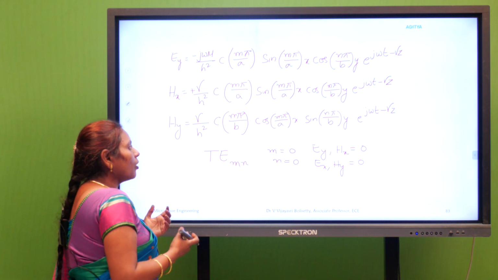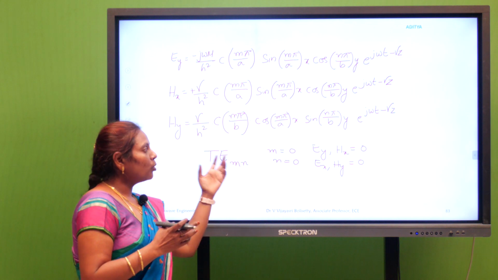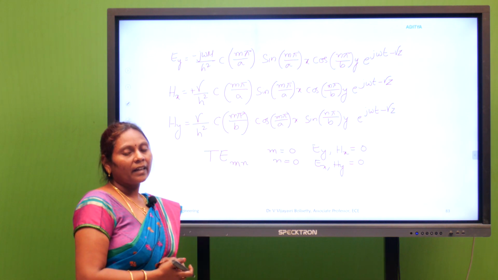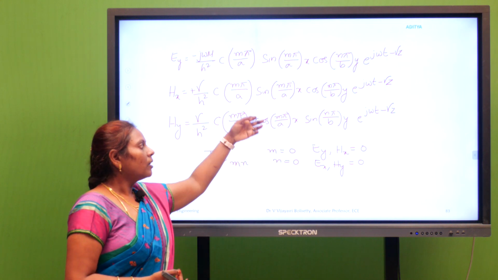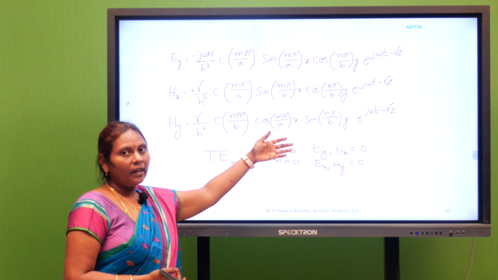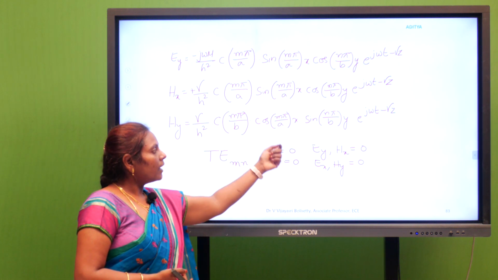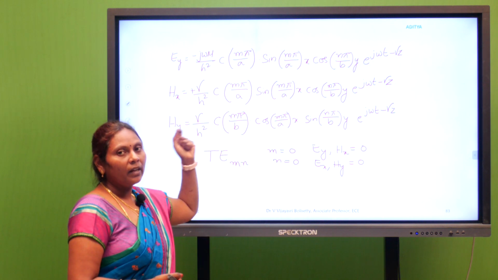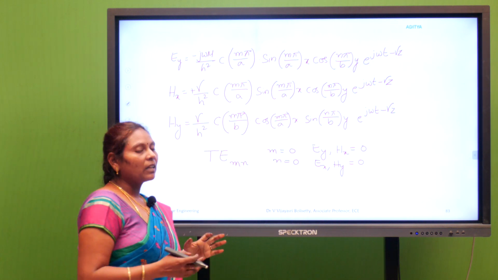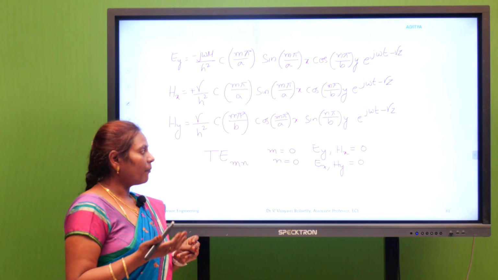So the field components have to be defined for the modes to be propagating through the rectangular waveguide. If not all the field components, at least one or two field components have to be defined in addition to Ez and Hz, that is Ex, Ey, Hx or Hy. Any of these field components has to be defined, then only that particular mode is going to propagate through the rectangular waveguide.